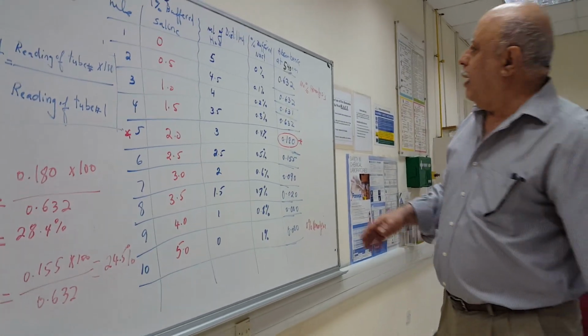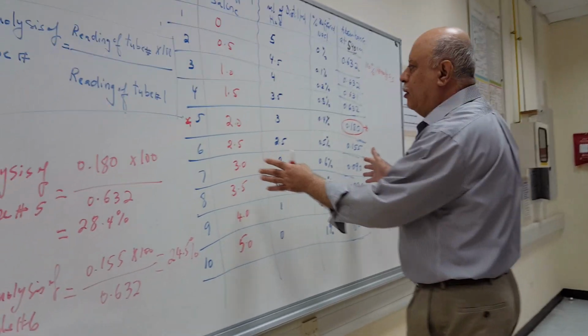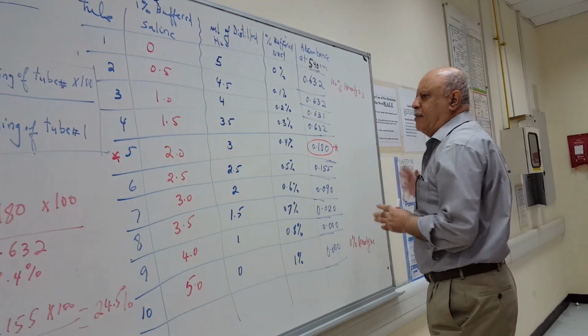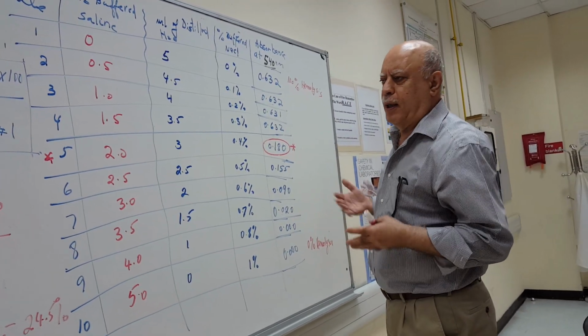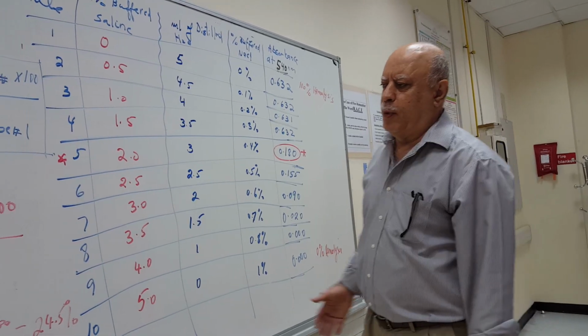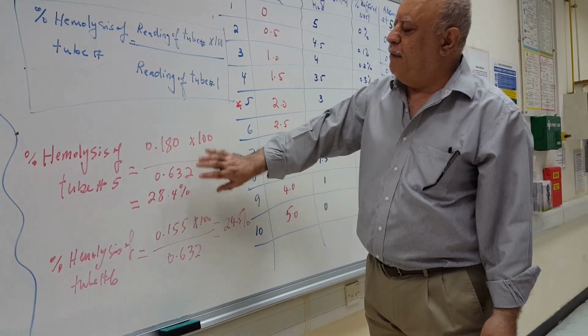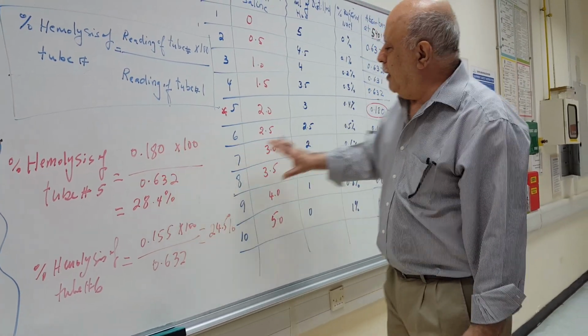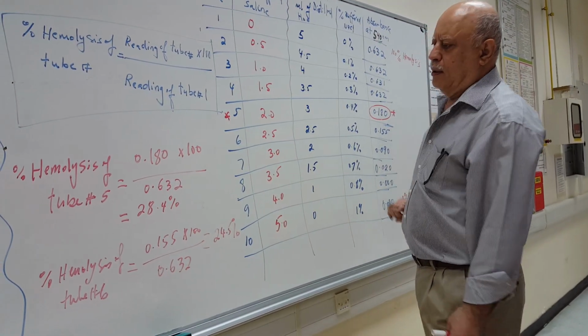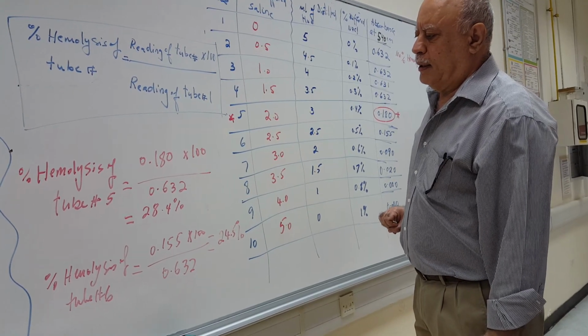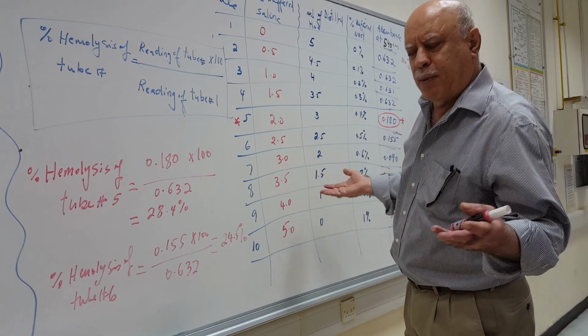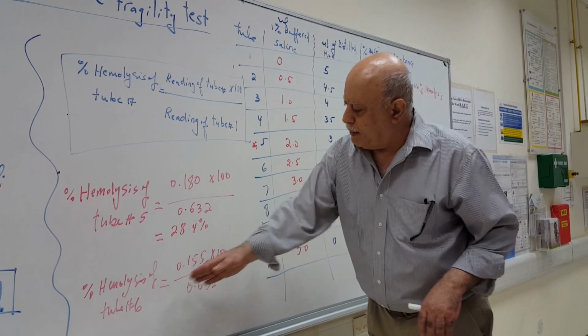Now, along with a patient, we will have the same thing for a normal patient, and we compare the percentage hemolysis, for example, for tube number 5 for the patient and the normal reading for a normal person who has no anemia whatsoever, or tube number 6.